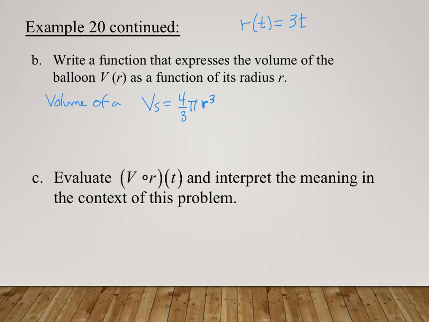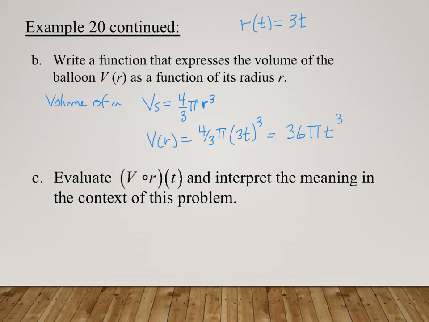And so now I want to write v of t, v of r actually, in terms of this. And we're going to get 4/3 pi times 3t, and this is going to be cubed. And when we do this, we're going to get 36 pi t cubed.